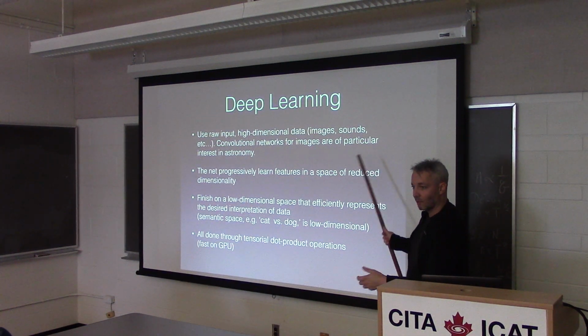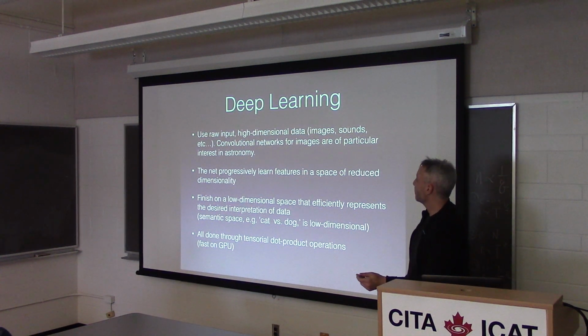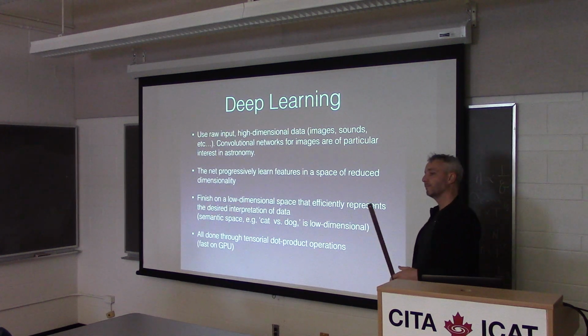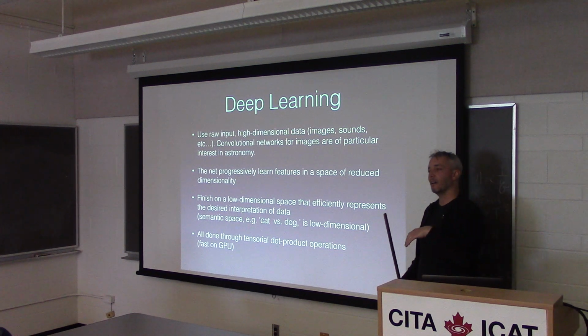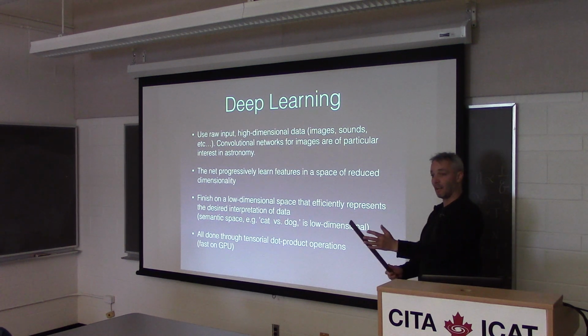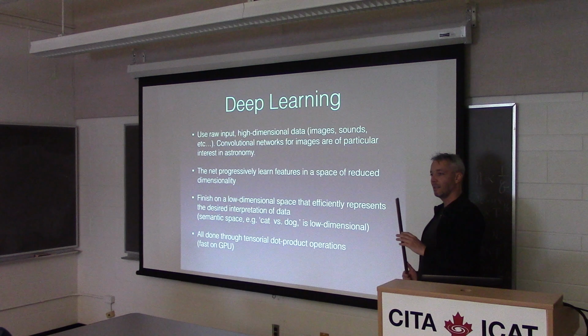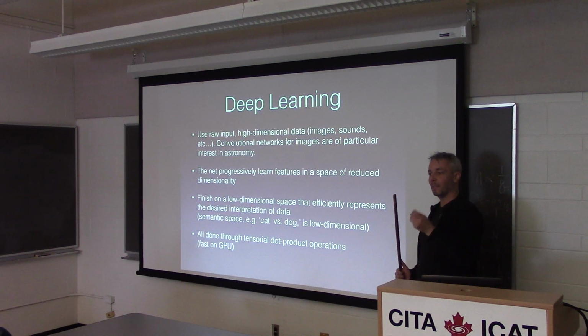building that machine, the convnet, is to progressively learn features in a space of reduced dimensionality. This is to be contrasted with what we just discussed, which is that in regular machine learning, you build the features manually.